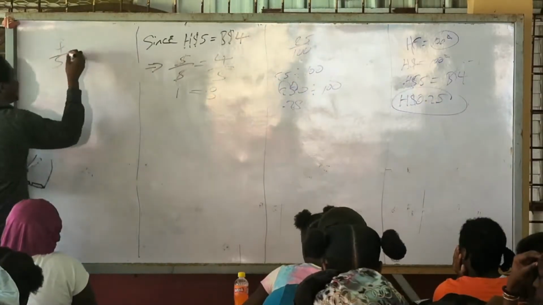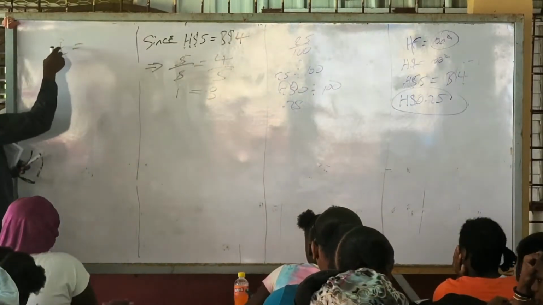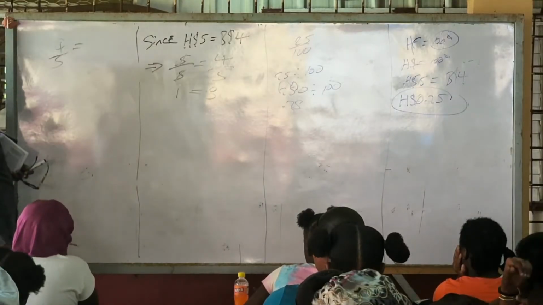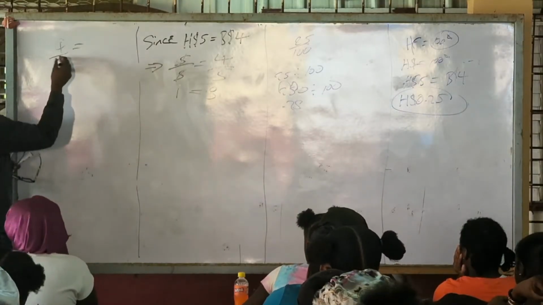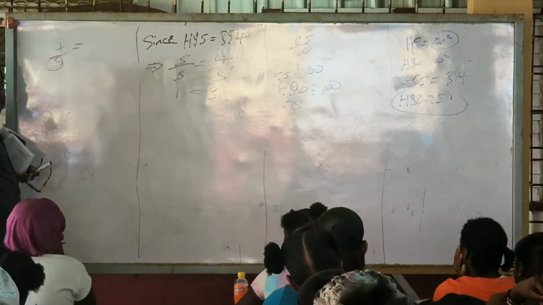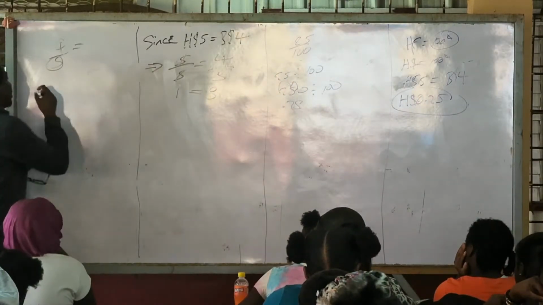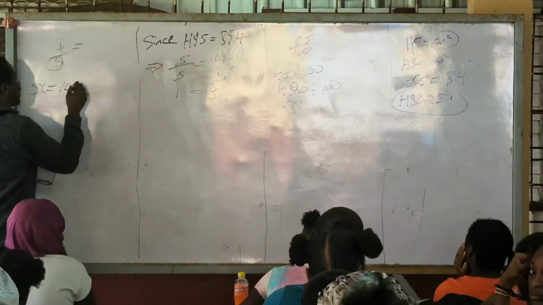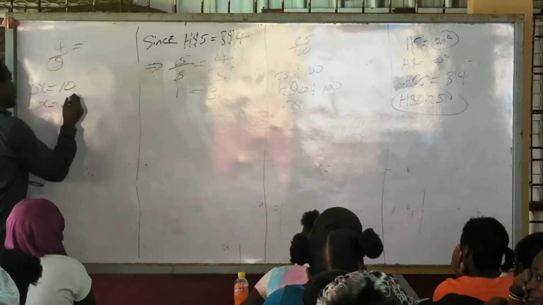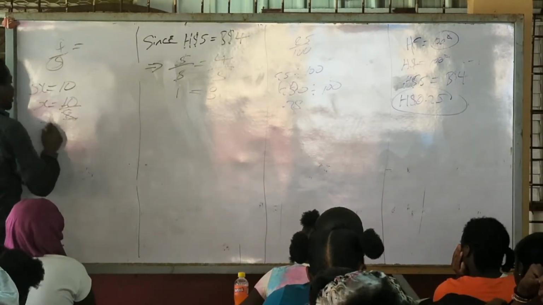4 over 5 is equal to, when you have this to change into a decimal, what do you do? You're going to carry the denominator to a power of 10. Not true? So how do you carry the denominator to a power of 10? You're going to say 5x equals 10. x equals 10 over 5. x equals 2.